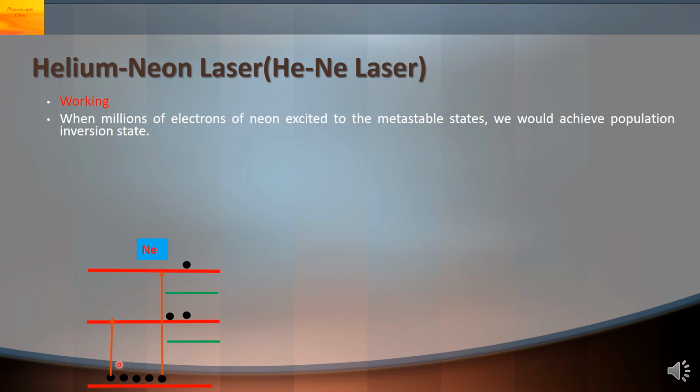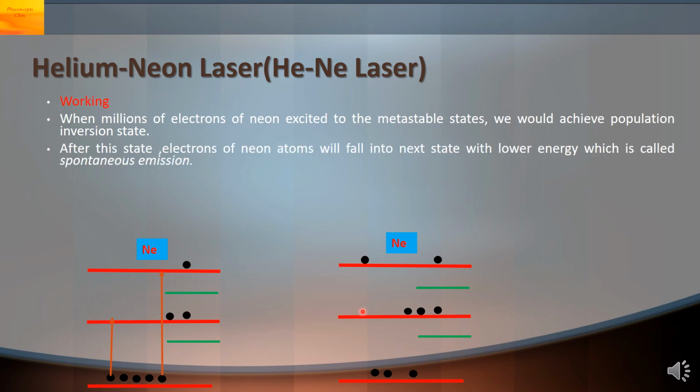So now the electrons of the neon atom have gained energy from the helium atoms, and now they can go to the metastable states, so that we will reach the state of population inversion. We will find that the number of atoms in the metastable state is more than that in the ground state.